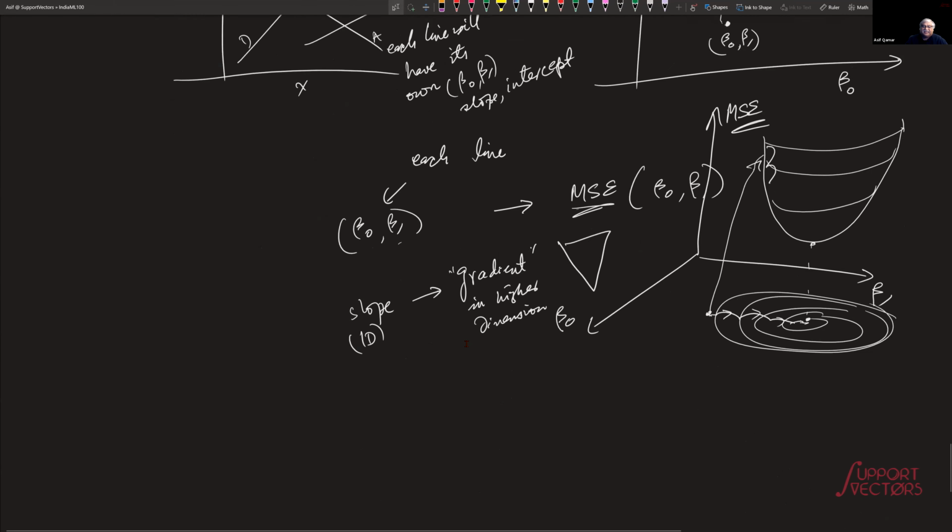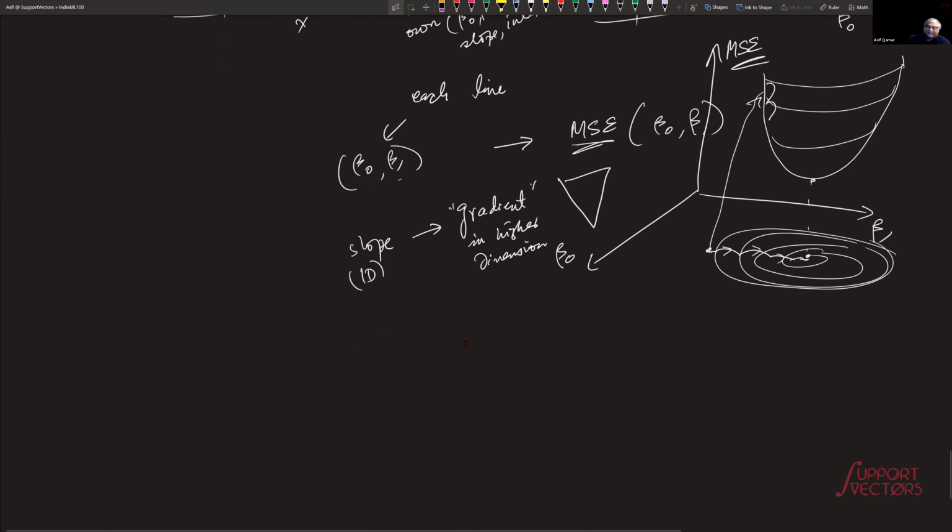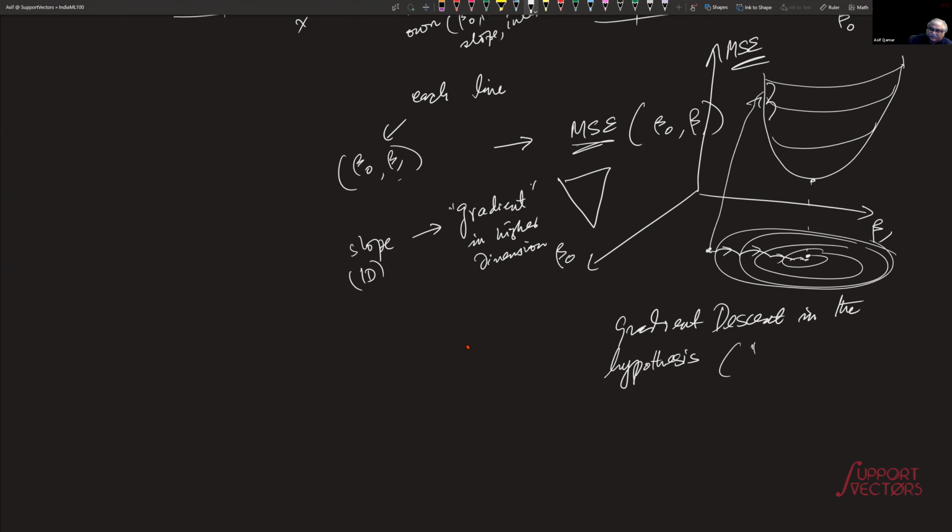But the basic idea is that you do gradient descent in the hypothesis space. And people don't use the word hypothesis. They use the word parameter space because beta naught, beta 1 are parameters. The slope and intercept are the parameters of the line. They use the word parameter space.